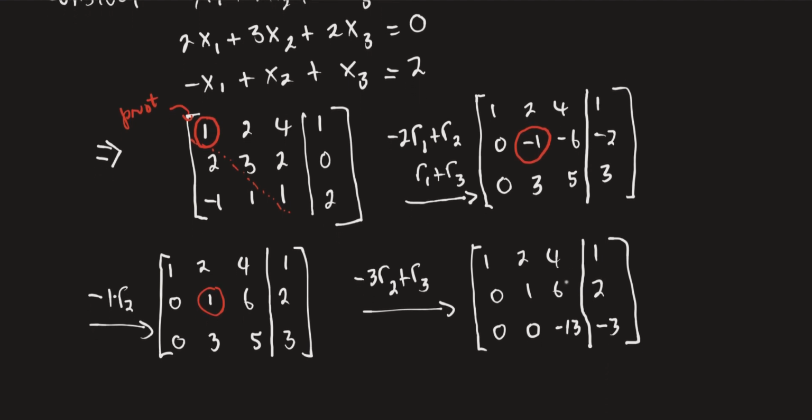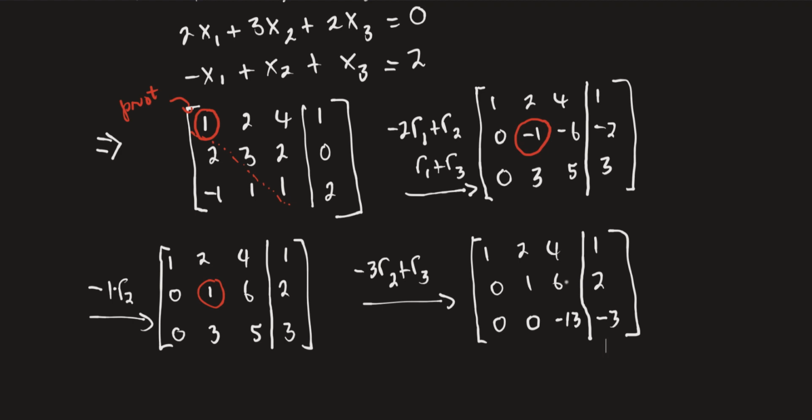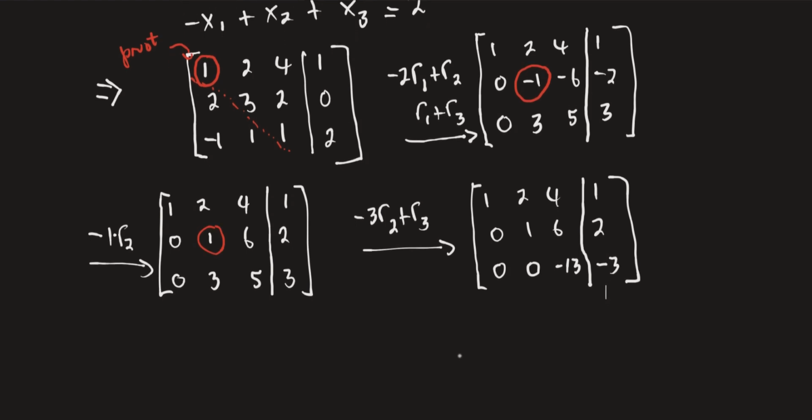But just to show you the idea of the equivalence between the standard form and this augmented form of a system. If it makes it easier for you to solve for your variables, you can go back now and represent this in the standard form using x1, x2, x3, and writing actual equations. For instance, this row here tells me that 0 times x1 plus 0 times x2 minus 13 times x3 has to be equal to -3.